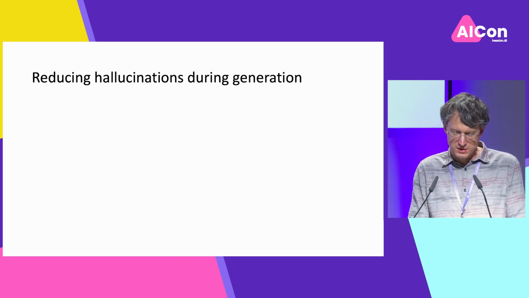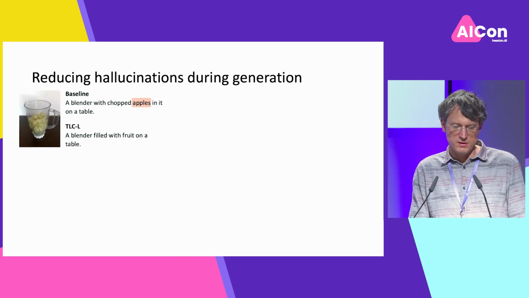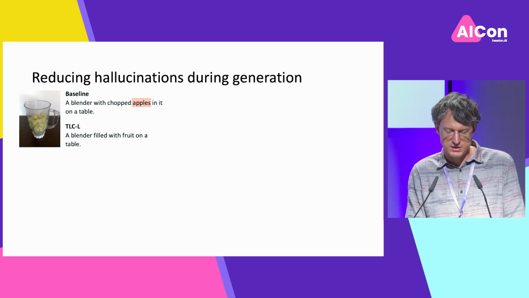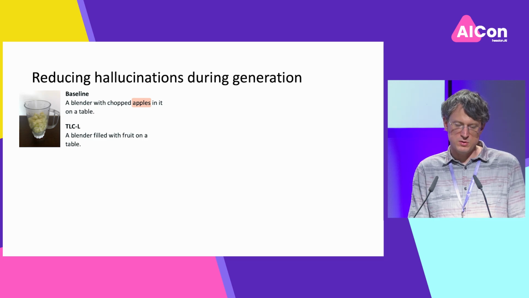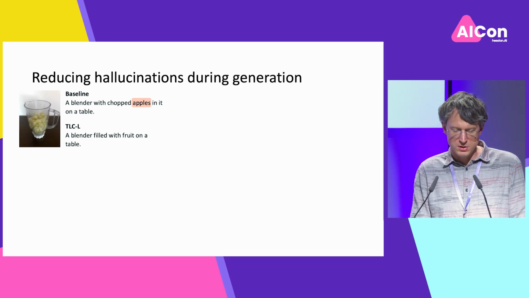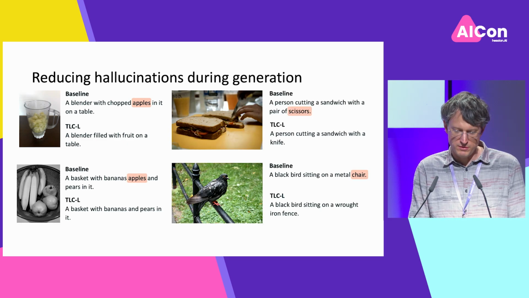Some examples here. For example, when we generate a caption, a text describing this image, the baseline would say a blender with chopped apples in it on the table. And our model, which is trained to do this task, says a blender filled with fruit on a table. There are several more examples in a similar vein.